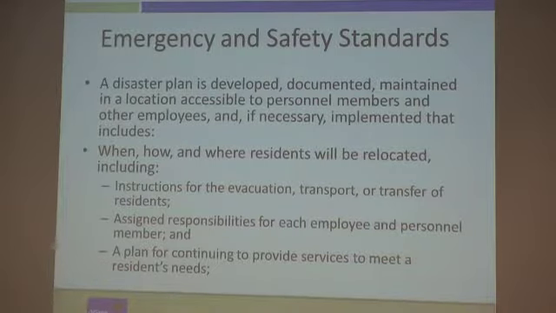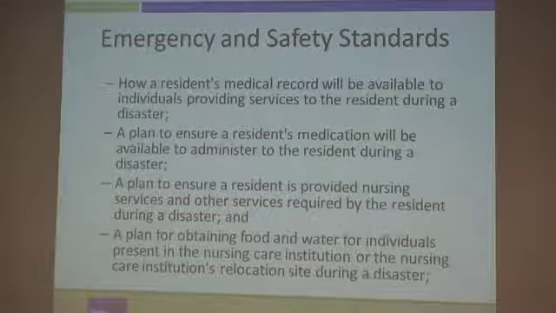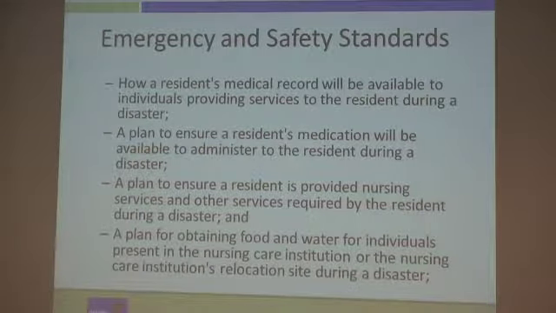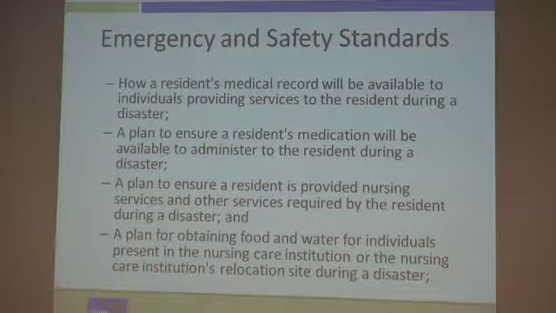It includes when and how residents will be relocated, including instructions for evacuation and transfer, assigning responsibility for each employee and personnel member, a plan to continue to provide services to meet the residents' needs, how a resident's medical record will be available, a plan to ensure residents' medication will be available, a plan to ensure the resident is provided nursing services and other services required, and a plan to obtain food and water for the individual.